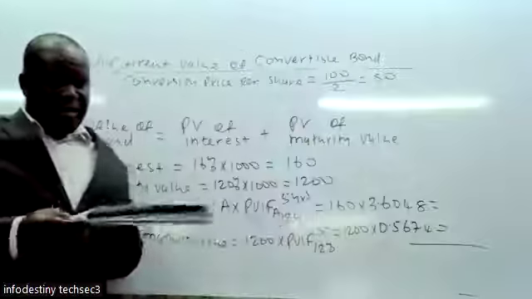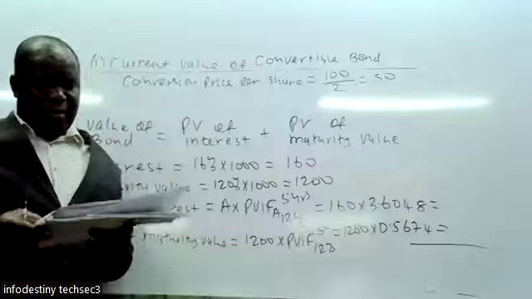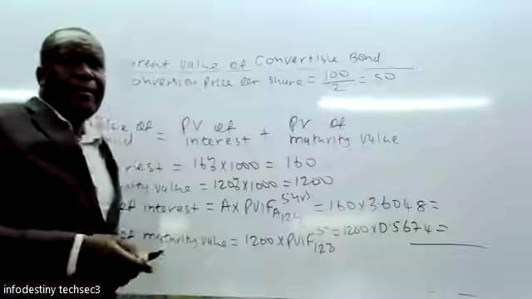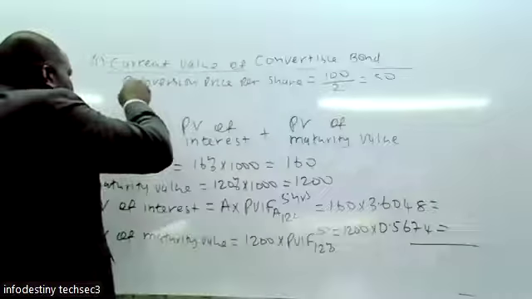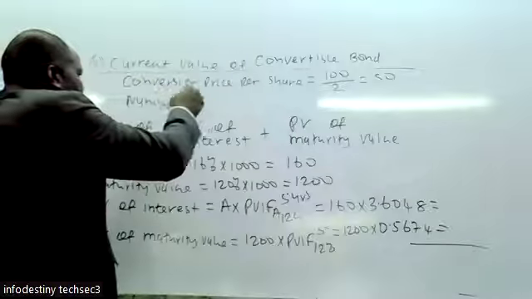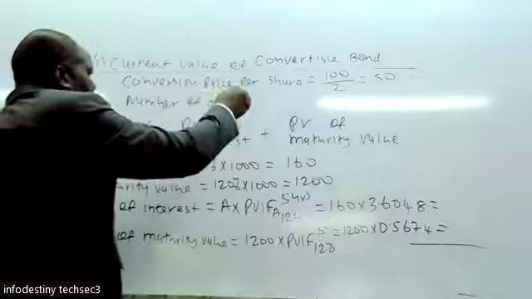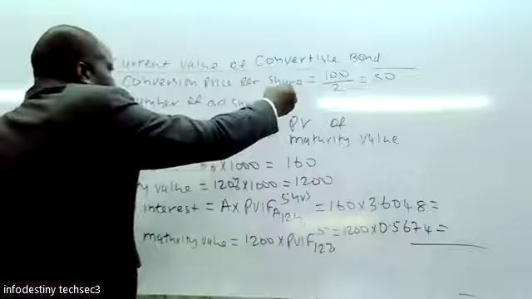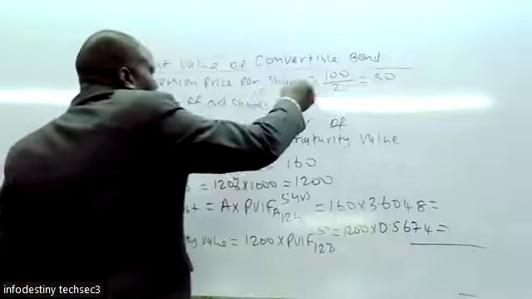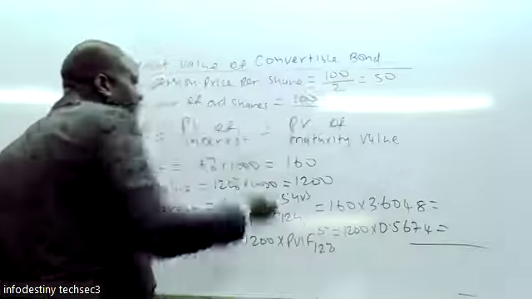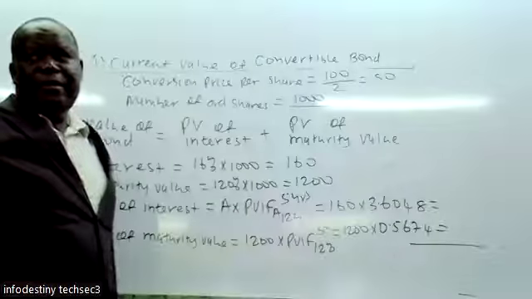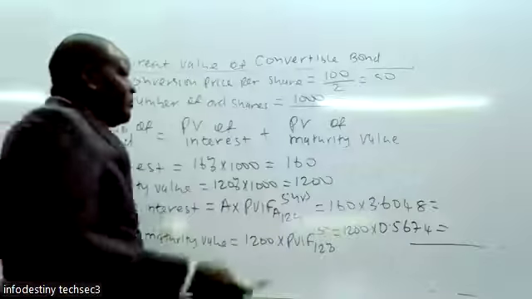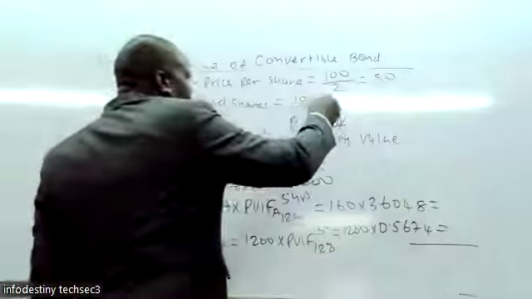Then get the number of ordinary shares from there. The 1,000 is the par value of the debenture. If you convert it into shares, each share is 50.